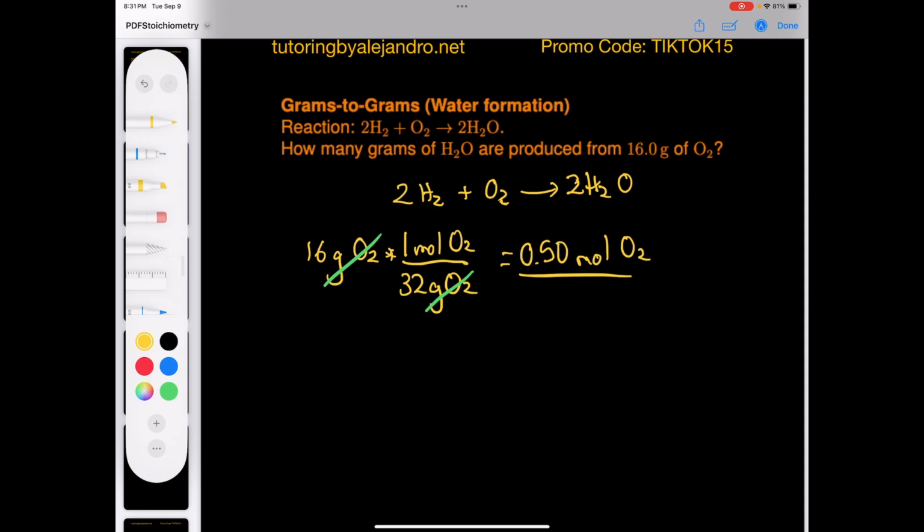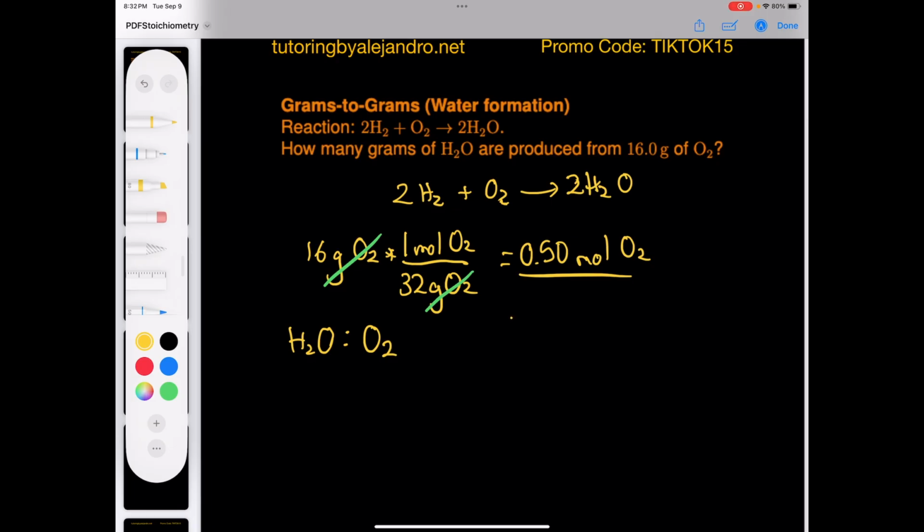Now we have to obtain the mole ratios. Okay, so we are comparing, based on what the problem is asking, H2O to O2, right? Okay, so again, this is very similar to constructing unit factors.